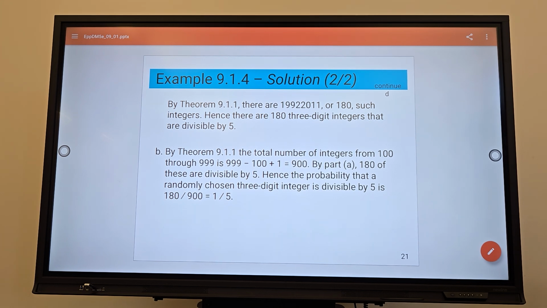By Theorem 9.1.1, the total number of integers from 100 to 999 is 900. By part A, 180 of these are divisible by 5. Hence, the probability that a randomly chosen 3-digit integer is divisible by 5 is 1 over 5, or 0.2.